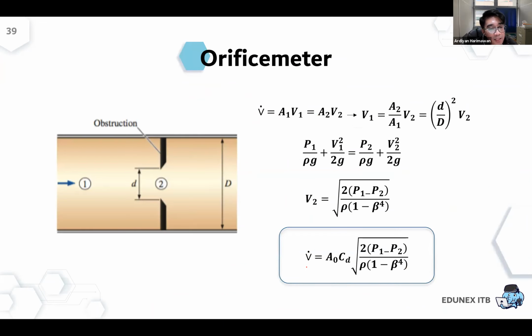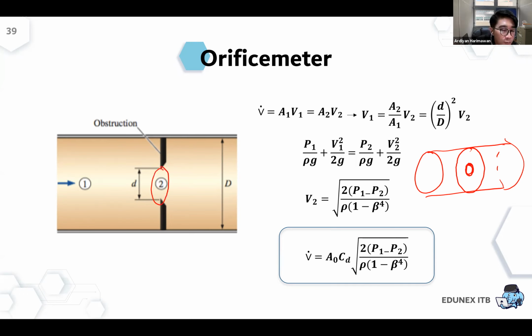Okay. The other flow measurement device is the orifice. Orifice is basically if you have a pipe, you install a plate inside the pipe that has very small openings, very small holes, like this one.